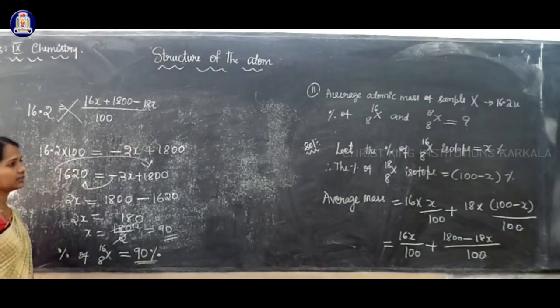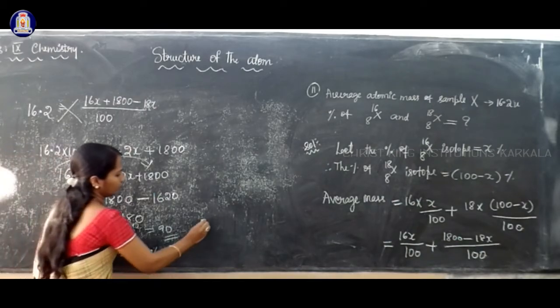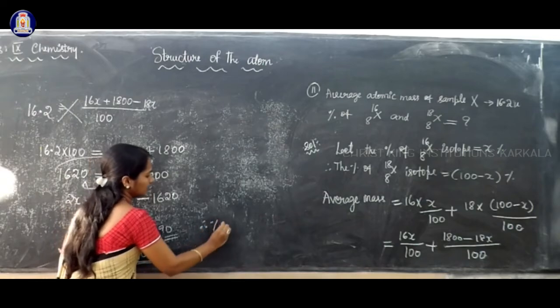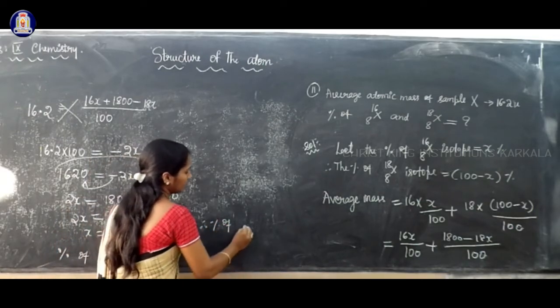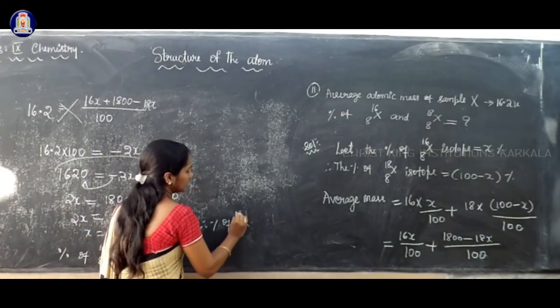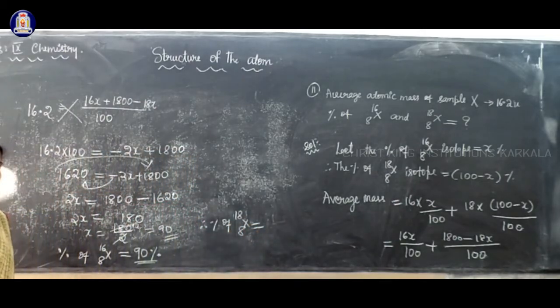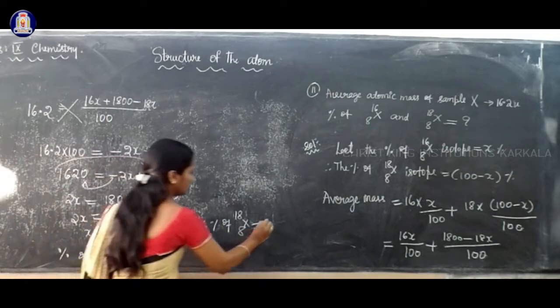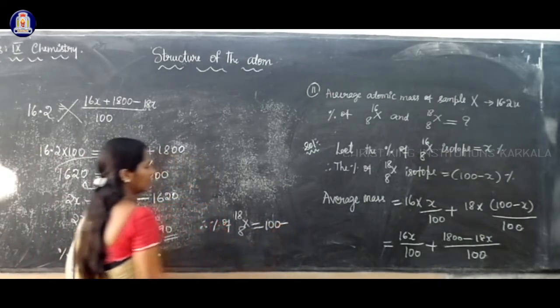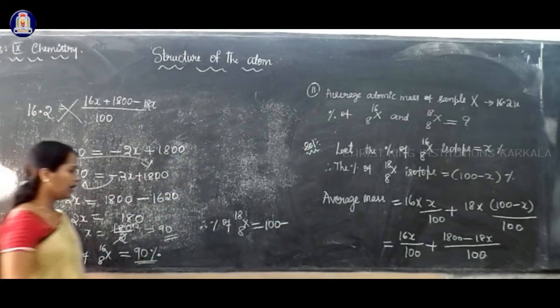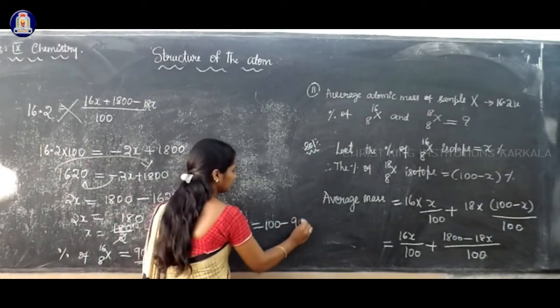What about the other one? The percentage of the second element, the O-18 isotope, which is taken as 100 minus x. 100 minus x is 90, so we get 100 minus 90.